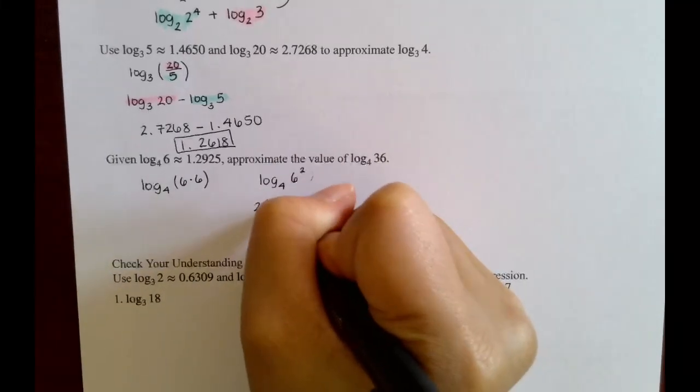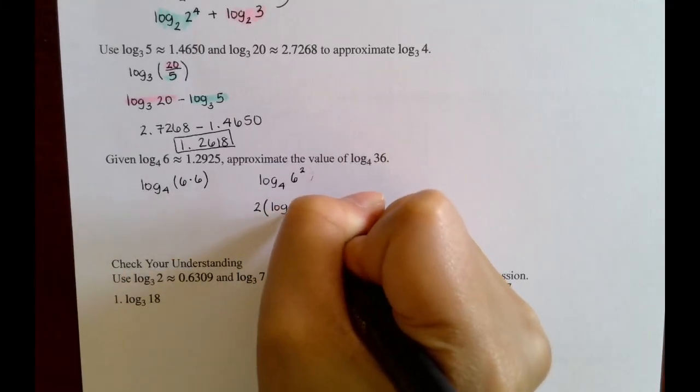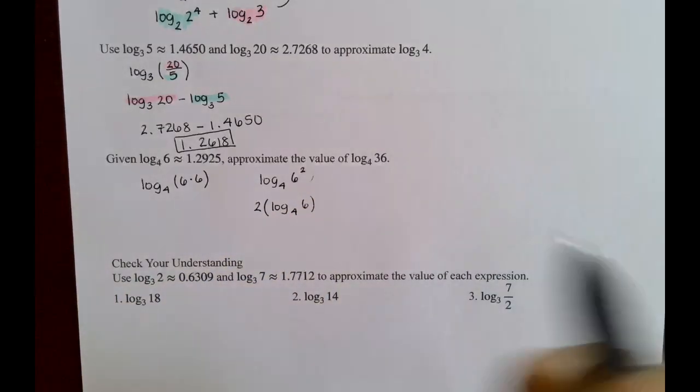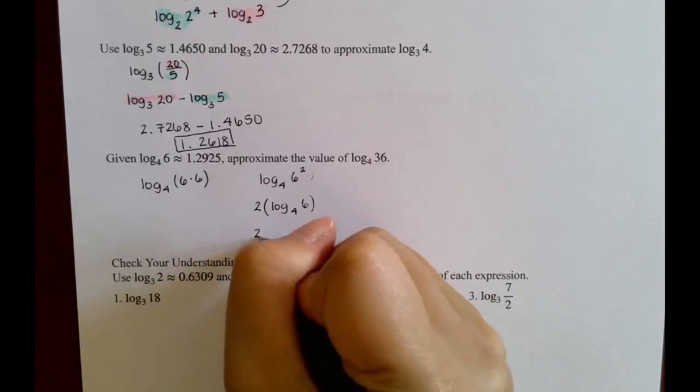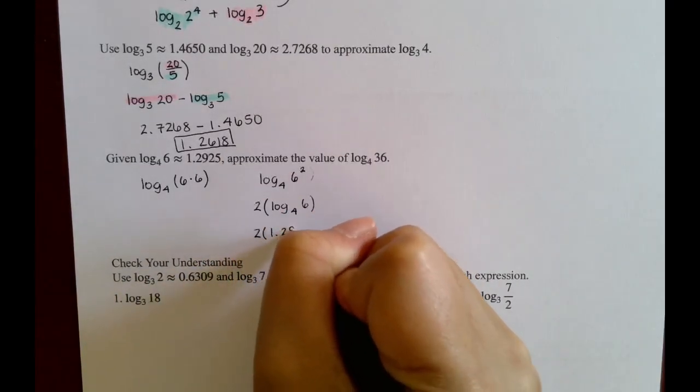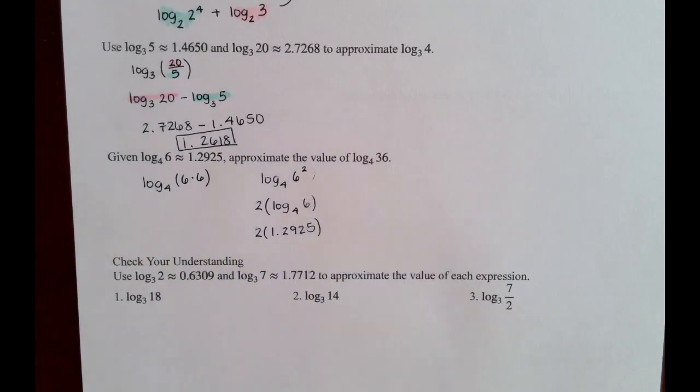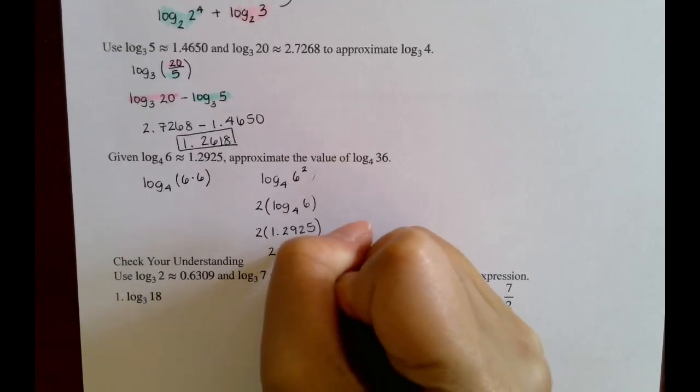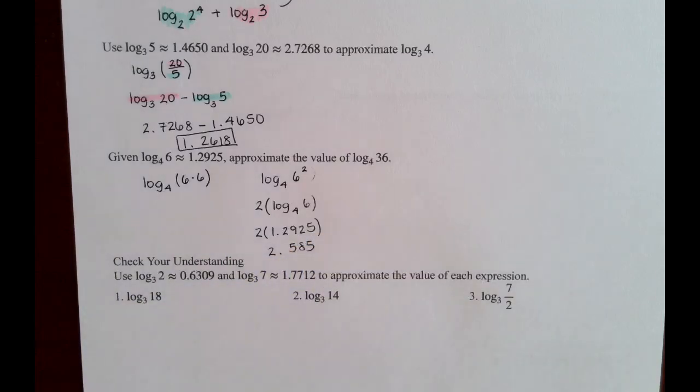So now it becomes 2 times log base 4 of 6, which I know is 1.2925. So all I have to do is 2 times 1.2925, and that gives me 2.585.